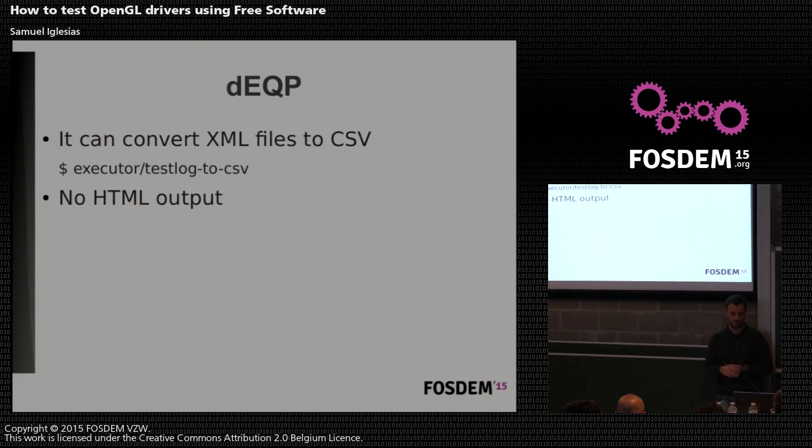For example, this is one that converts the XML file to a CSV one. But there is no HTML output or any other kind of output that could be more human readable. But the good thing is, as Piglit added support for running the EQP tests 2 months ago, we have such information.